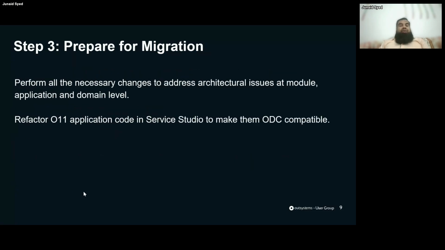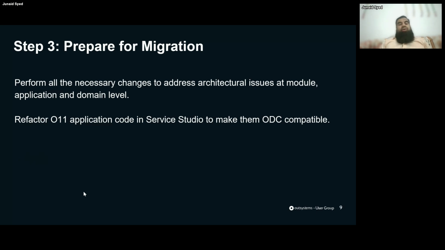Then comes preparing for the migration. Here again, we know that we have to now migrate our applications. There are certain changes which can be done in O11 applications themselves. While your applications are on the O11 platform, you can make the necessary changes there itself.